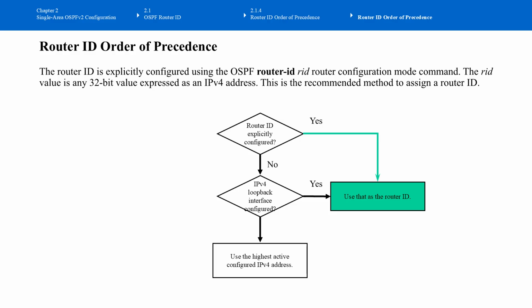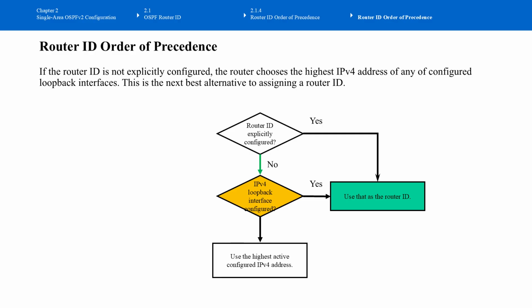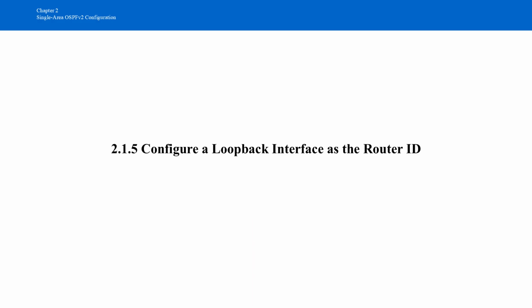And then the next question is, are there any loopback interfaces? If yes, use the highest loopback IP address. Otherwise, continue. Use the highest active physical interface IP address. The router always stops as soon as it finds the first valid option.